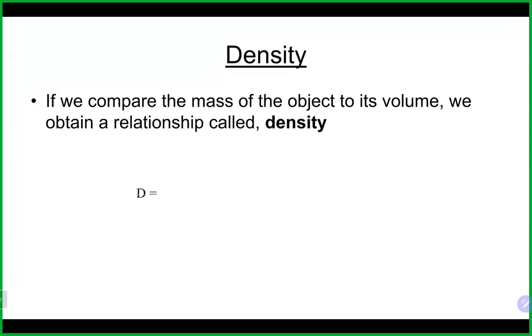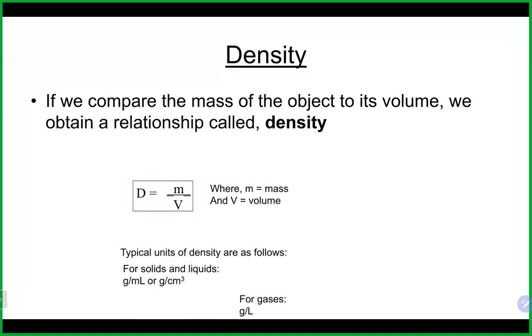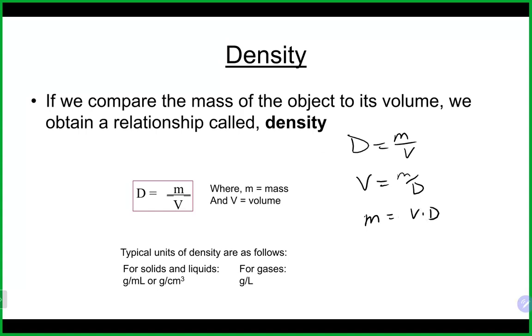The formula for density is mass divided by volume, which obviously you do need to know. So D is equal to M over V. That means that volume would equal mass divided by density, multiply volume to both sides and divide by density. Mass would equal volume times density.